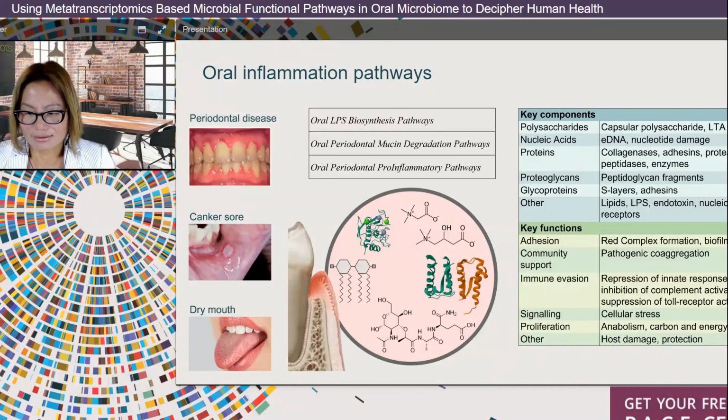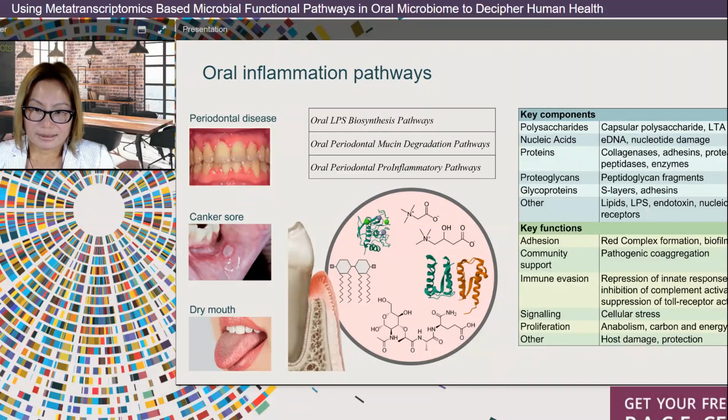In the middle, a cartoon shows that between gum and tooth there's a lot going on, a lot of molecules and a lot of microbes doing certain things. On the top right are the key components that these pathways target. They include sugars, nucleic acids, proteins, protein glycans, and glycoproteins, the metabolism of all these various compounds, and the key functions related to oral inflammation.